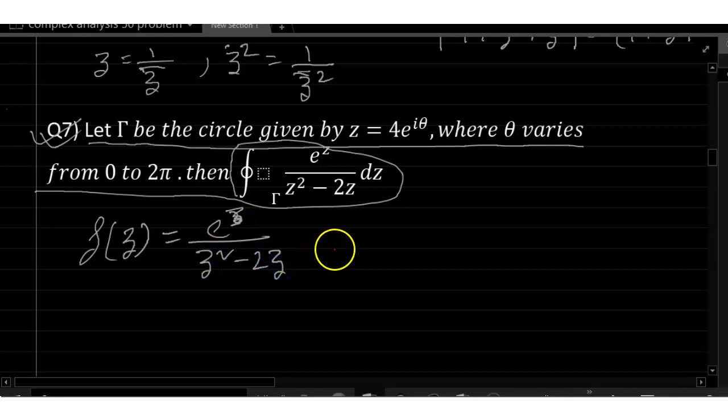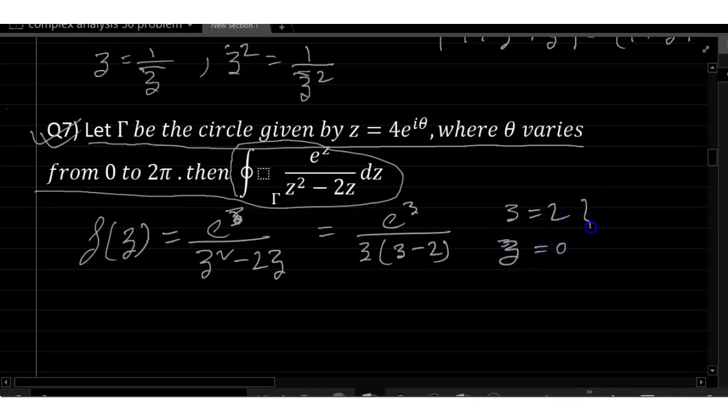Here I can write e to the power z over z into z minus 2, and my poles are z equals 2 and z equals 0. My order is 1. Must remember.